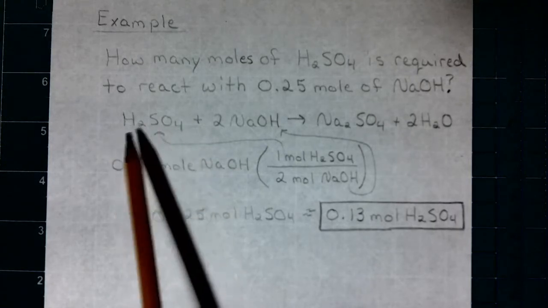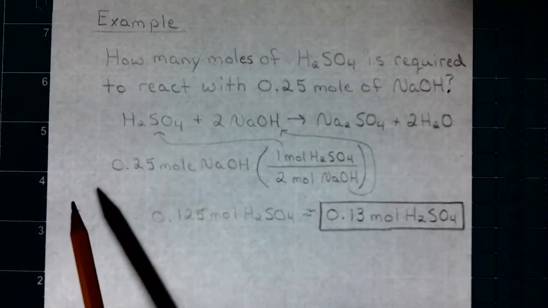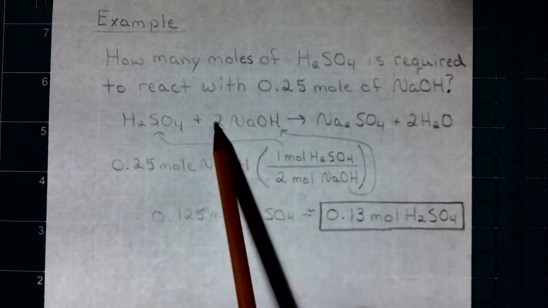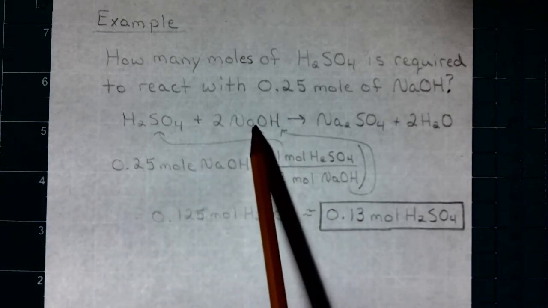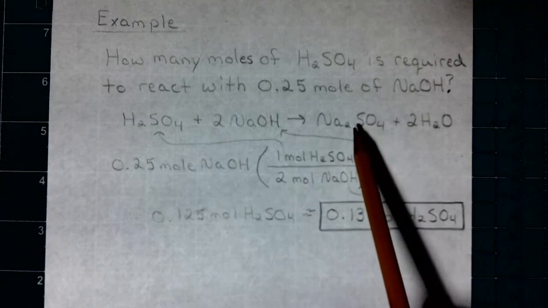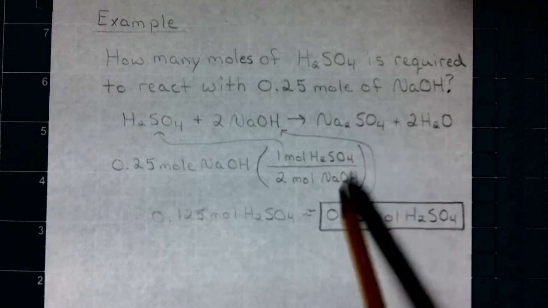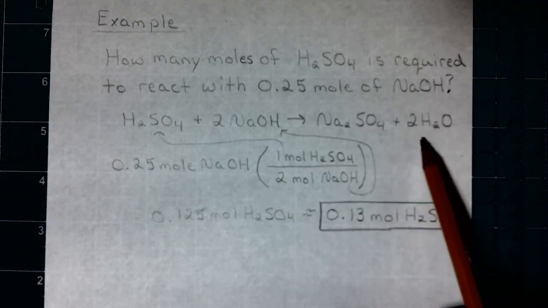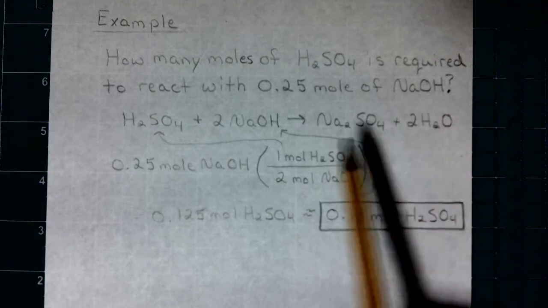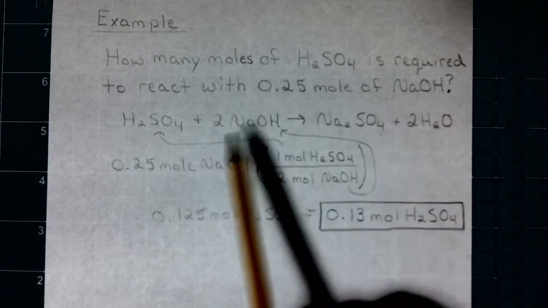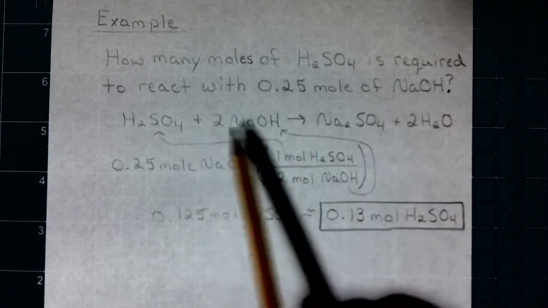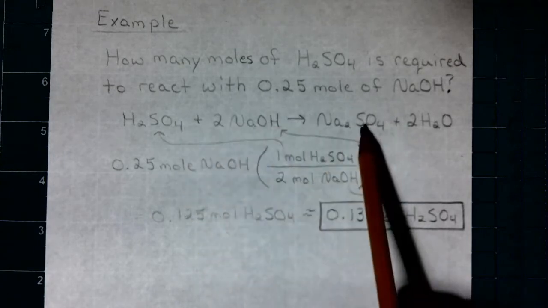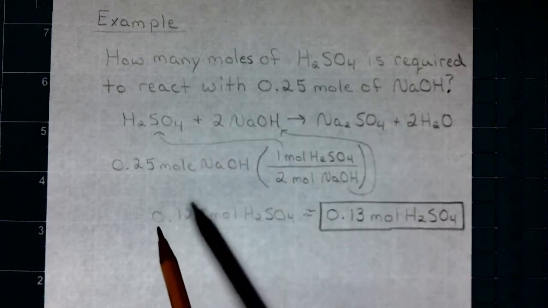So here we have our H2SO4. It's going to react with 2 equivalents of the sodium hydroxide to produce this here sodium sulfate and 2 water molecules. You're going to see in some of the later pages how you go about making this equation, but I'm just going to give it to you for right now.